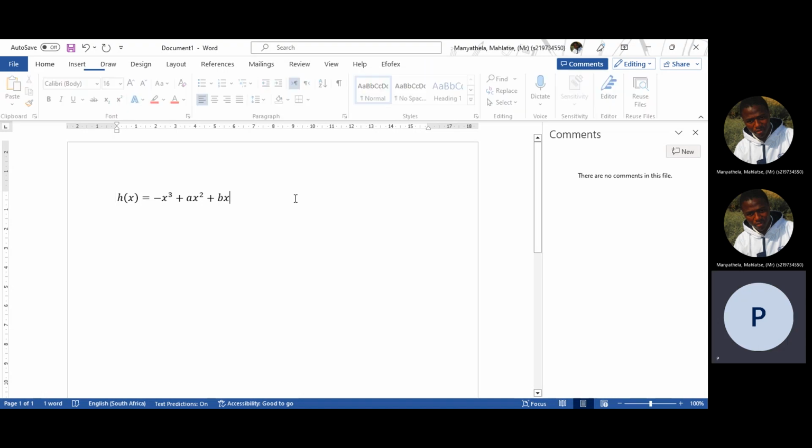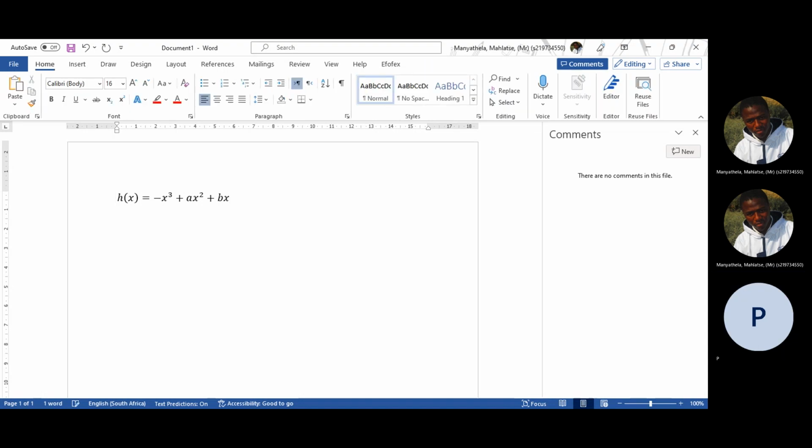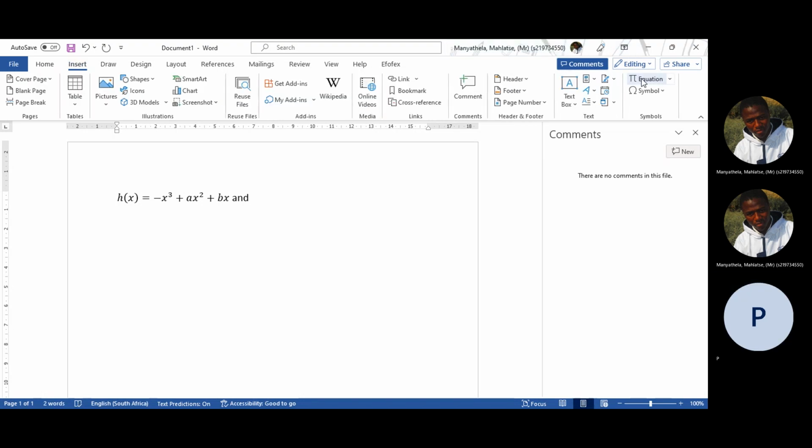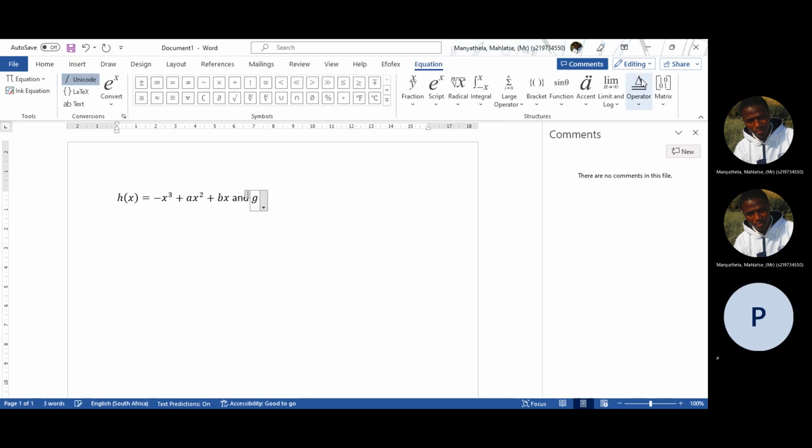We're having this function, and the other thing that we are given is the graph of g of x, which is equal to negative 12x.